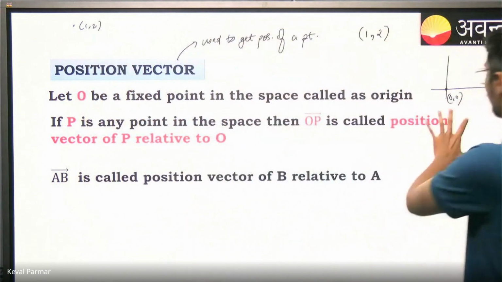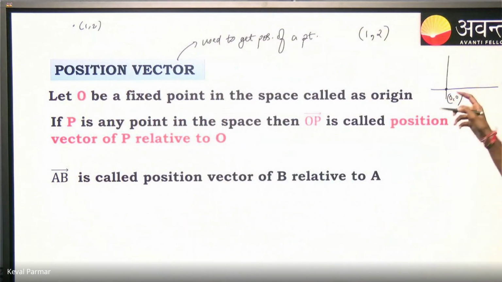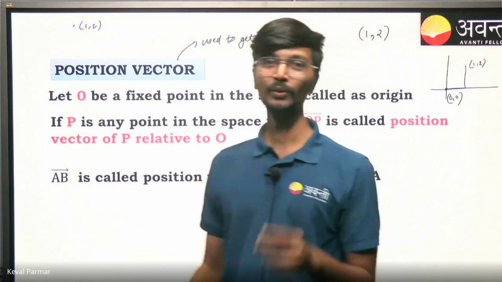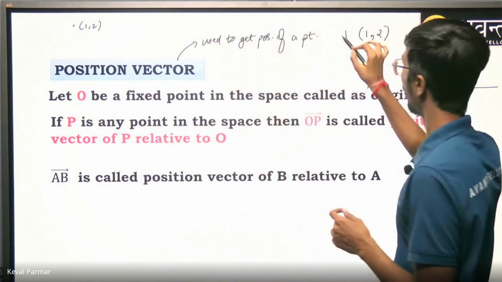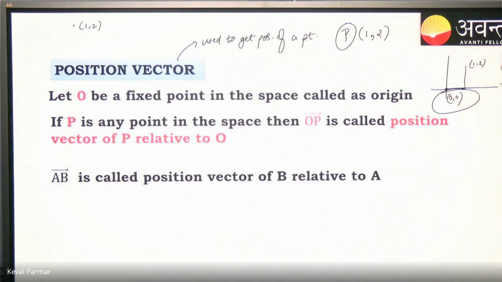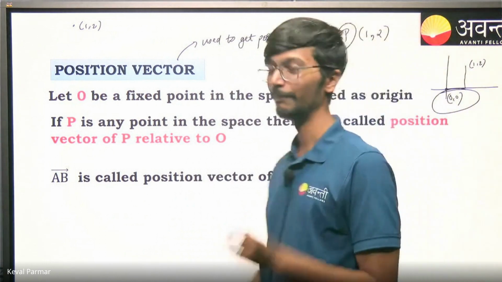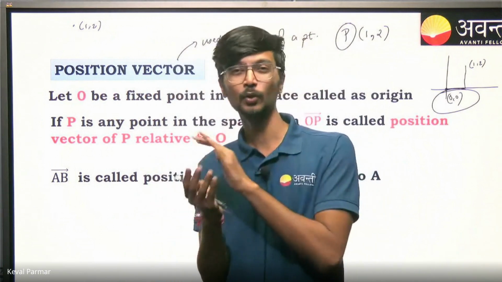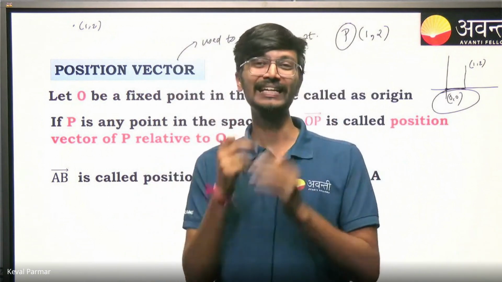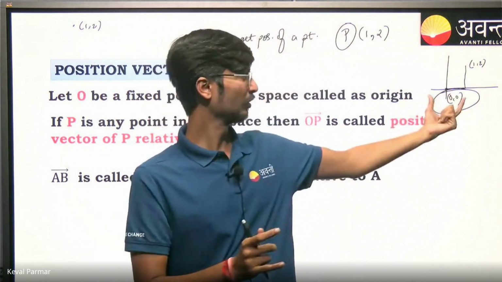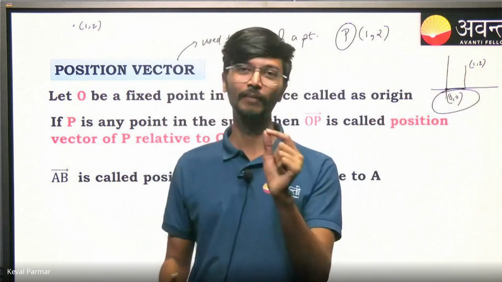So now if I have a diagram, I know 0, then 1 here, 2 here, so I'll get (1, 2). What does (1, 2) denote? (1, 2) denotes the position of point P with respect to the origin. We don't say "with respect to origin" because it is by default. When a point like (1, 2) is given, we by default take (0, 0), the x and y axes, and we get (1, 2).